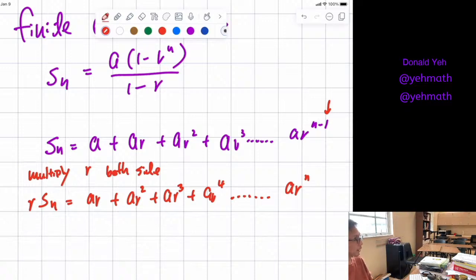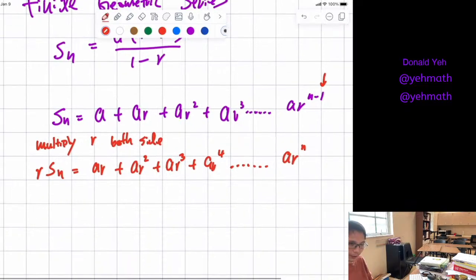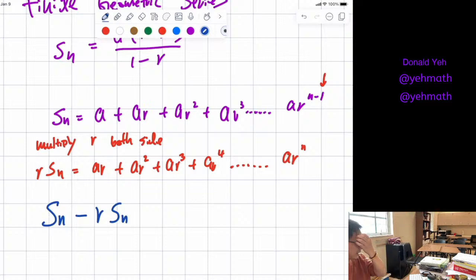Now what we're gonna do is subtract those two. We're gonna come up with a different color, say that's blue. We're gonna take Sn, subtract r times Sn. What happens if you subtract them? They all cancel out. Boom, boom, boom, boom.